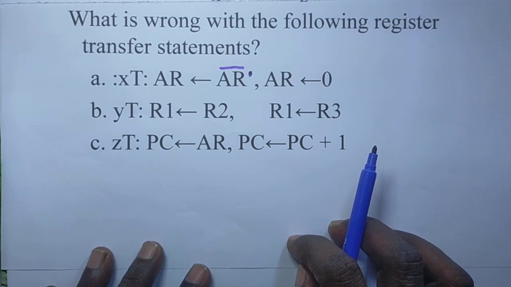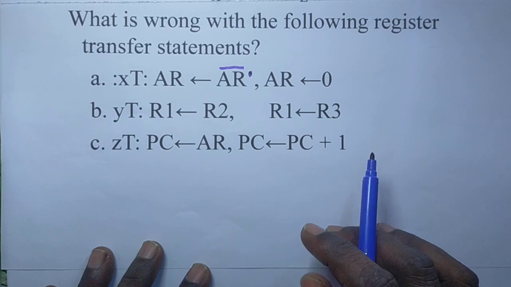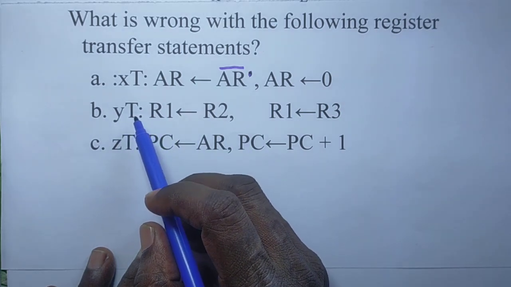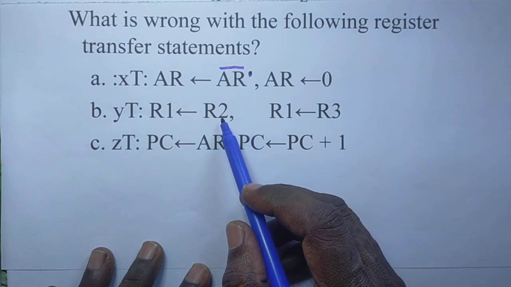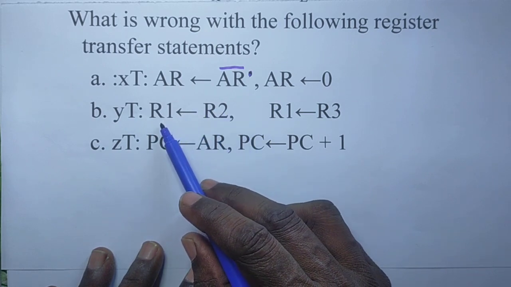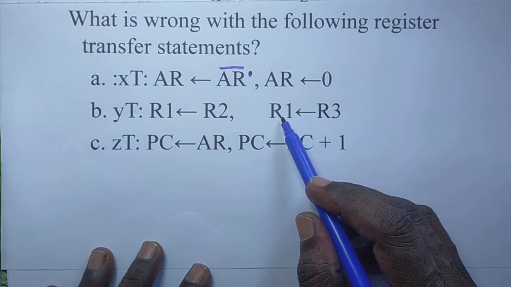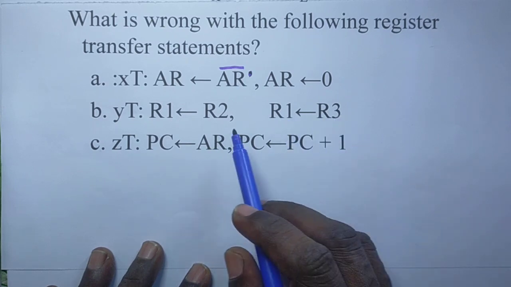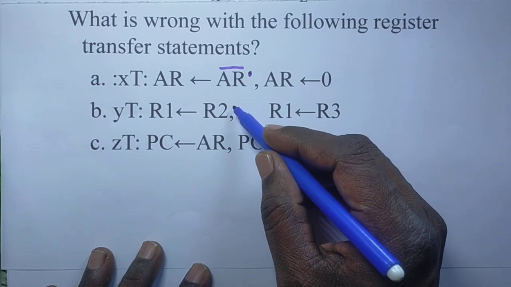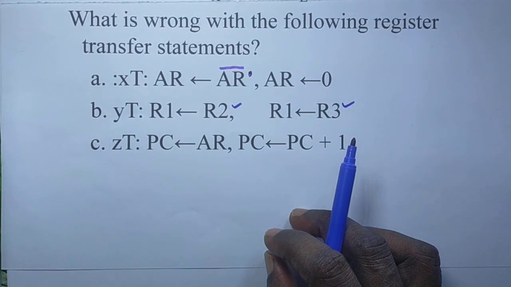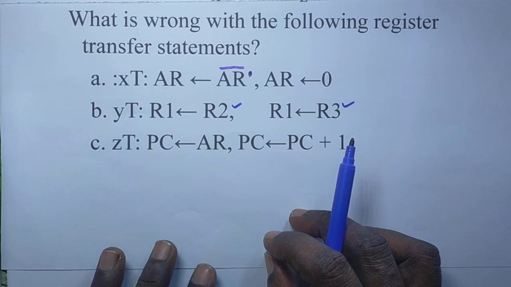Next, the second question, similarly: at yT, this statement states that the content of R2 transfers to R1 and at the same time the content of R3 transfers to R1. Means the contents of two registers, R2 and R3, transfer to register R1 at the same time.